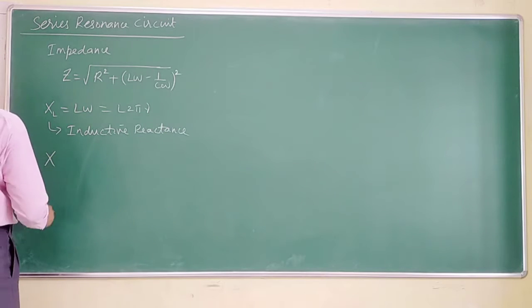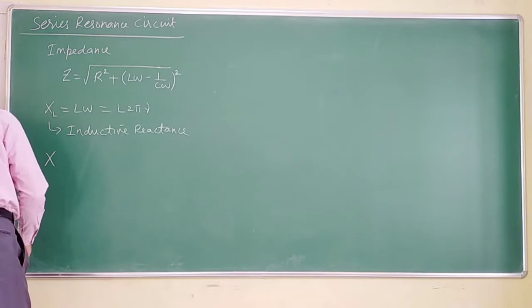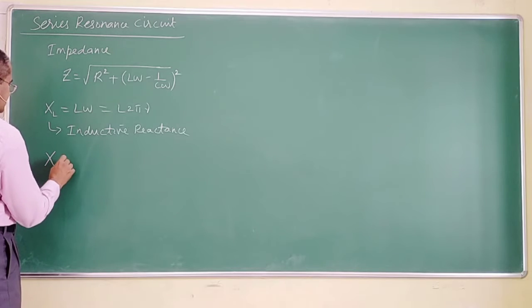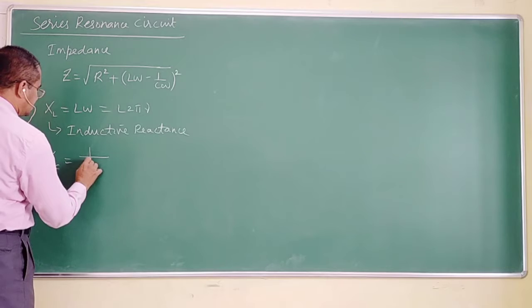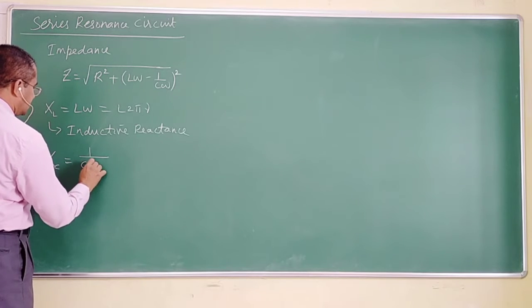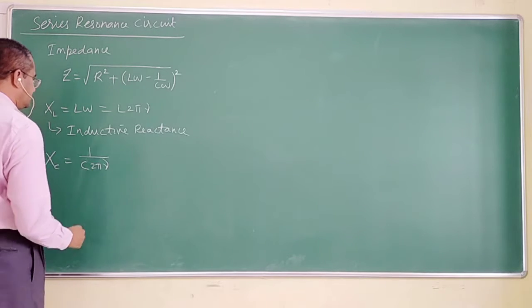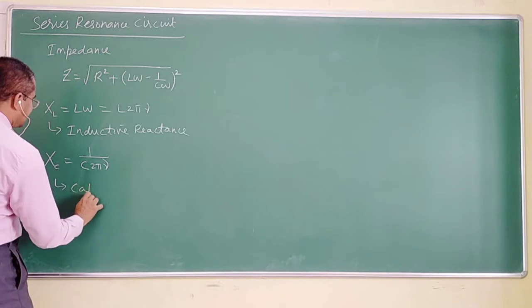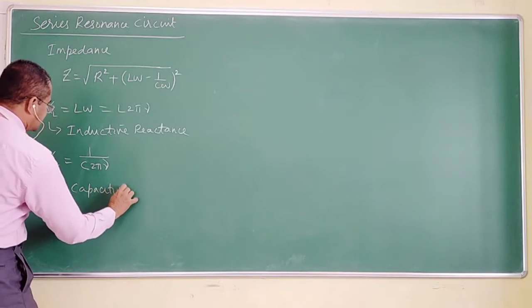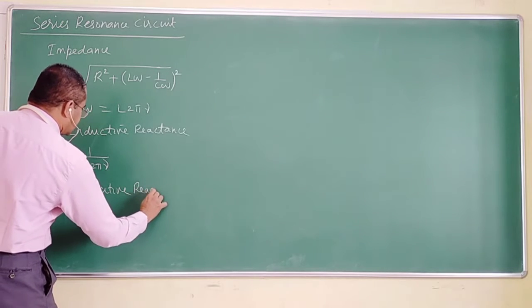Similarly X_C is 1 by C 2 pi nu, and this we call capacitive reactance. Is that okay to you?